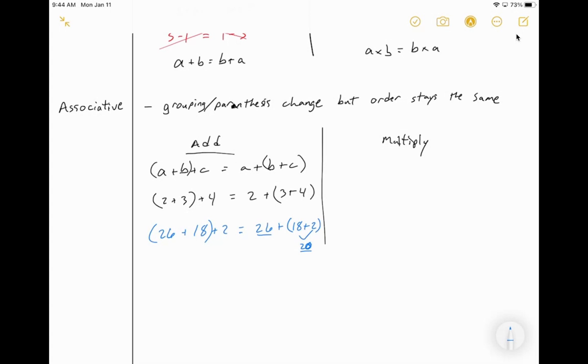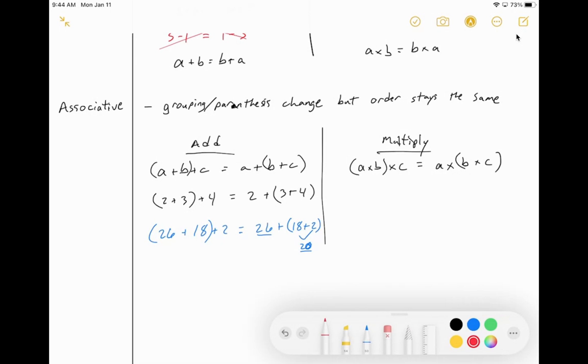Okay. Multiplication, same thing. So it's just (a times b) times c is equal to a times (b times c). So again, we can use an example here. I'll do a different color for you guys.